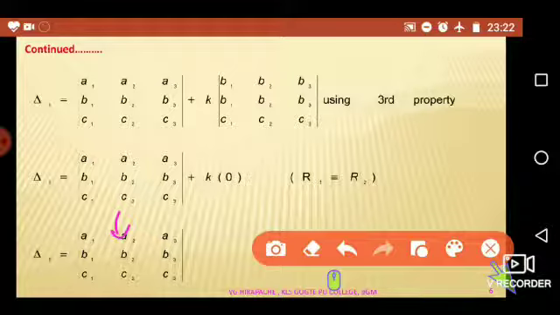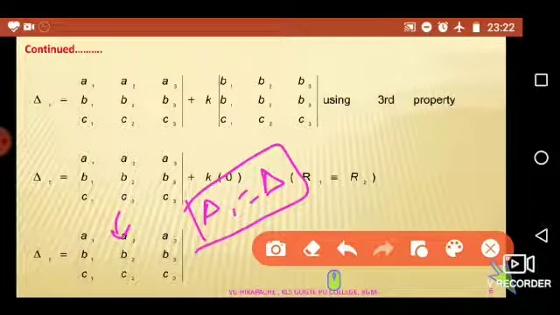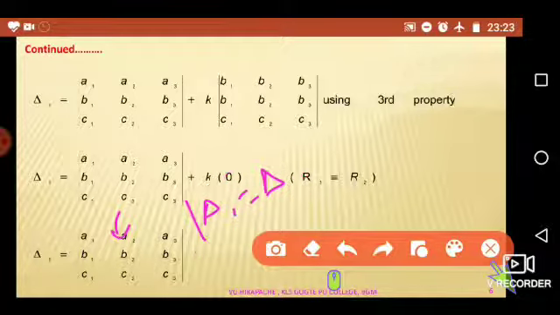In this case, delta 1 can be written as delta again. Therefore, the meaning of this property is, if in a determinant any row is added to or subtracted by k times the corresponding elements of the same row or column, once again the value of the determinant remains the same.